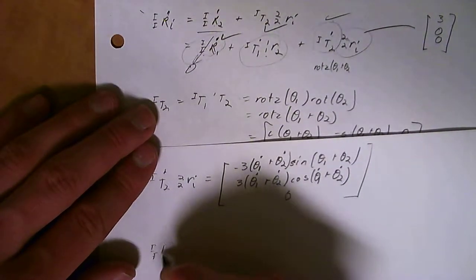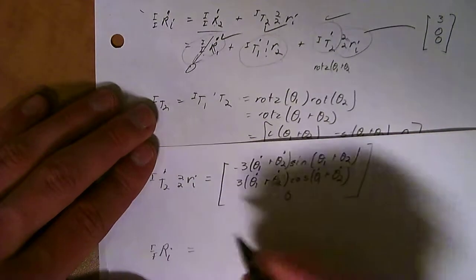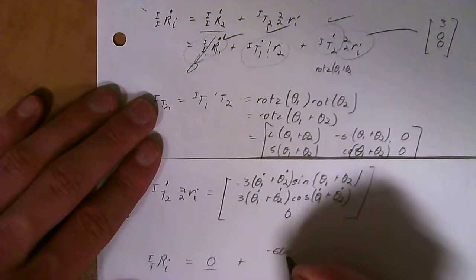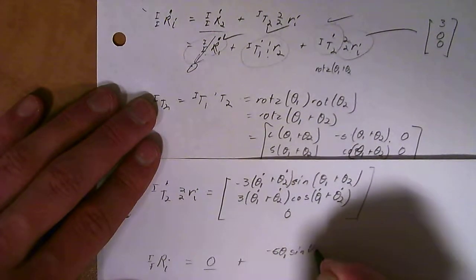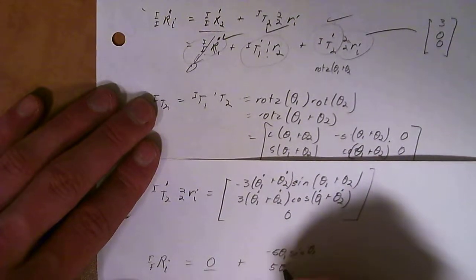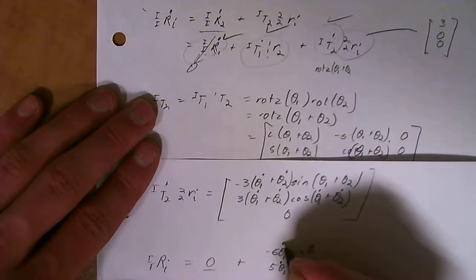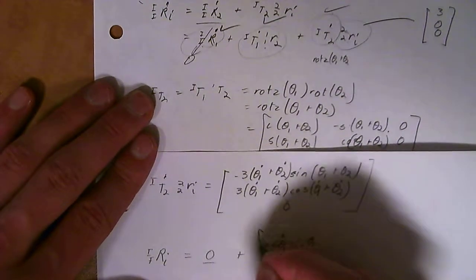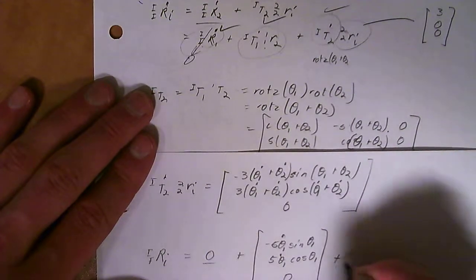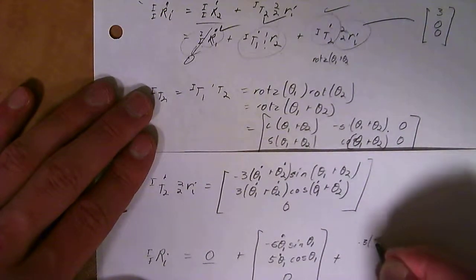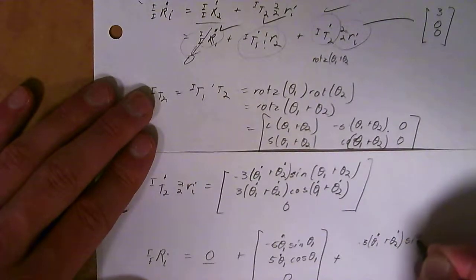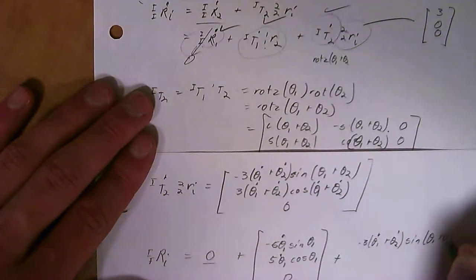IIRI is going to be equal to 0 plus negative 5 theta 1 dot sine of theta 1, 5 theta 1 dot cosine of theta 1, 0, plus negative 3 of theta 1 dot plus theta 2 dot sine of theta 1 plus theta 2.